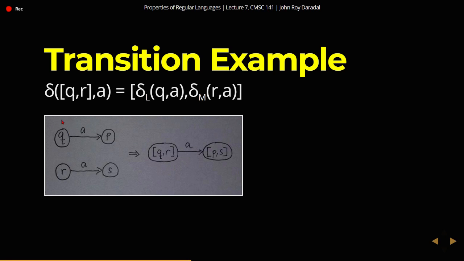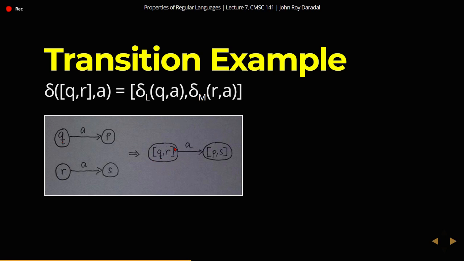If in the first DFA we have the transition Q to P on A, and in the second DFA we have the transition R to S on A, in the product DFA we will have states like QR, where Q is from the first DFA and R is from the second DFA. And we also have state PS, where P is from DFA 1 and S is from DFA 2.